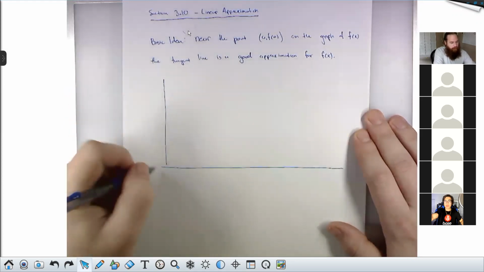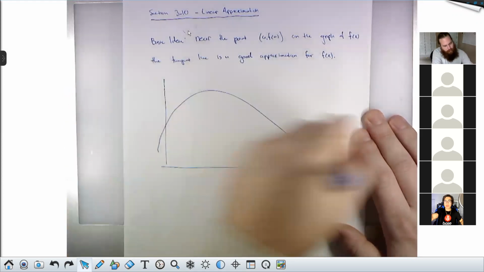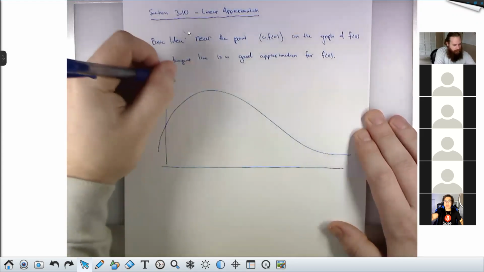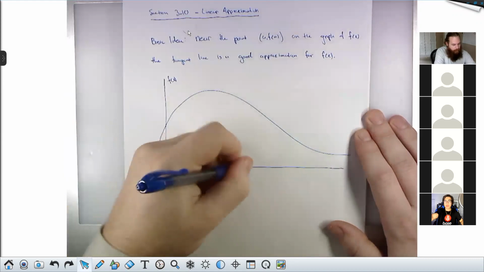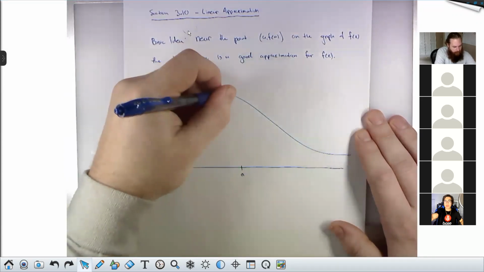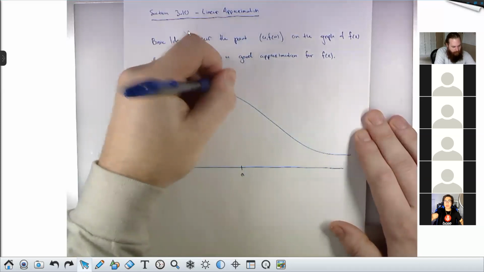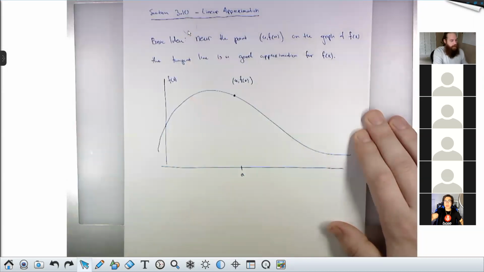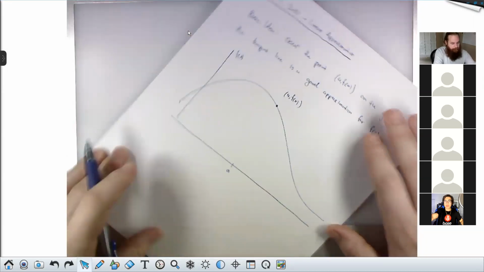So if I have some function here, f of x, and I take some point a comma f of a, so here's a, and here's the point a comma f of a, and I look at the tangent line there.